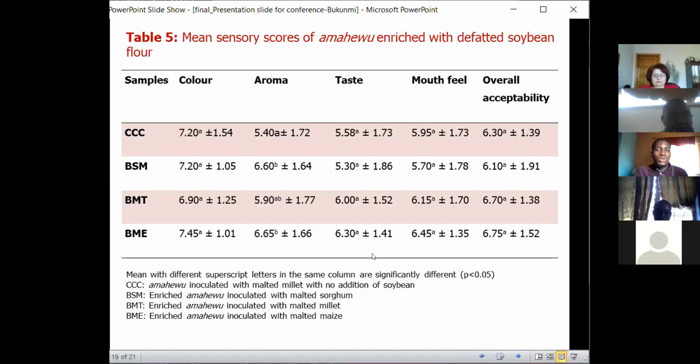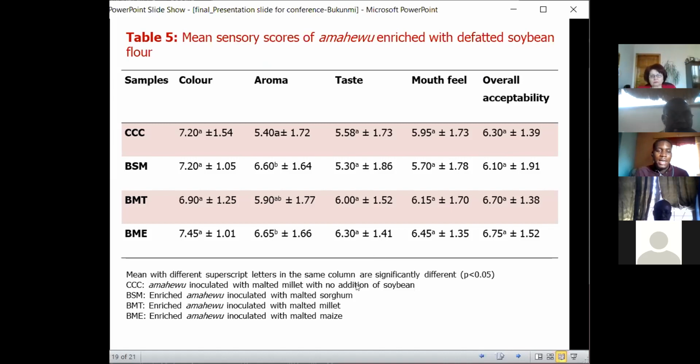Table 5 now shows the sensory score of amayu enriched with defatted soybean flour. You can see from this table that the samples were not significantly different from each other for all sensory parameters, but for overall acceptability, the sample inoculated with malted maize has the highest general acceptability, which shows that it is the most liked sample amongst the enriched samples, or amongst all samples.